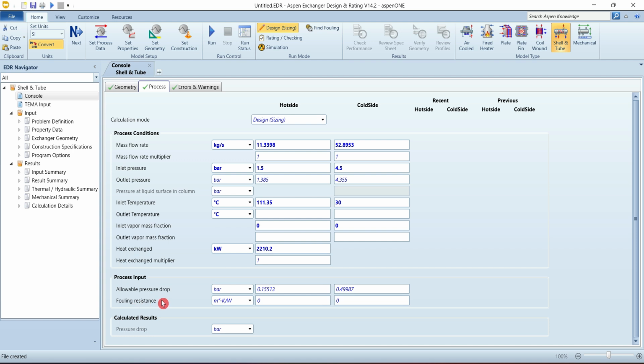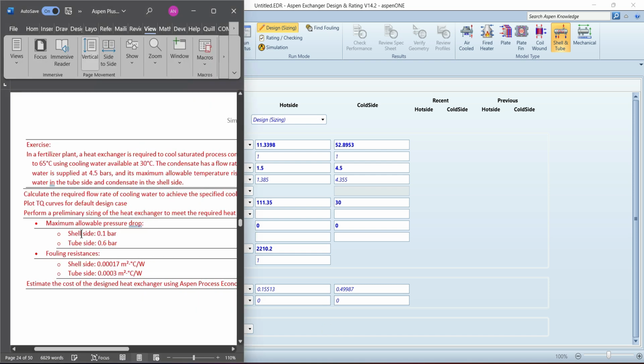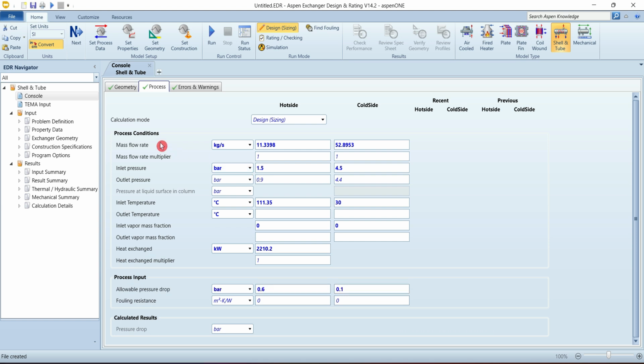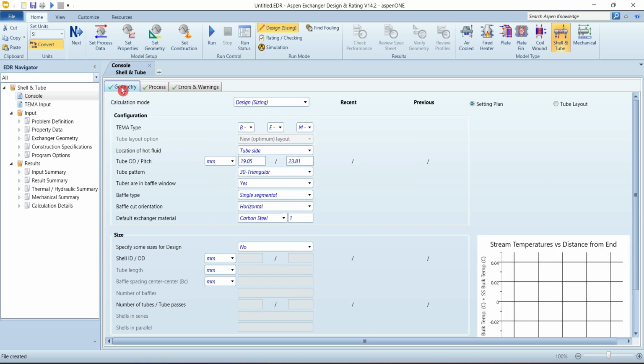So let's take the same information from the example and put it there. The tube side allowable pressure drop is 0.6 bar. Before that, let's have a check, because it also gives the option of location of hot fluid.